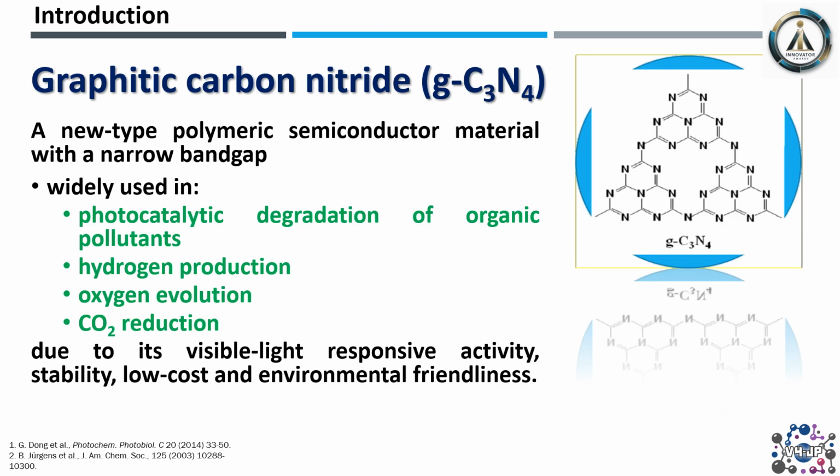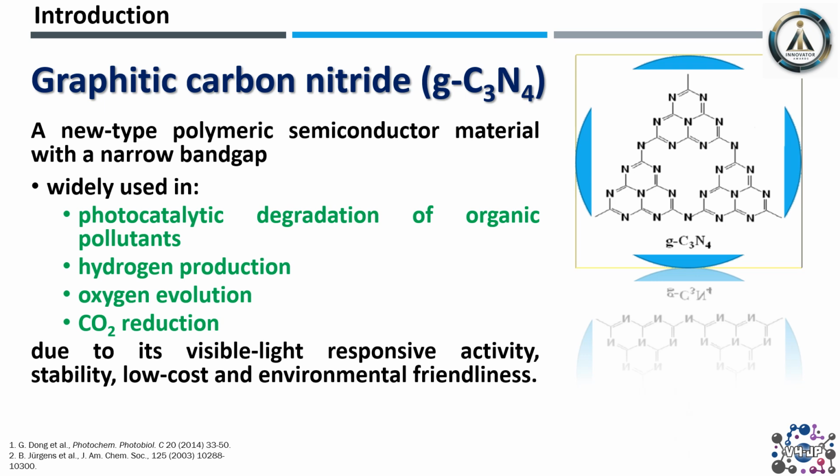Graphitic carbon nitride is a two-dimensional metal-free polymeric material that has been the subject of extensive research in recent years due to its semiconducting characteristics. Among its defining attributes are high thermal, physical, chemical, and photochemical stability.